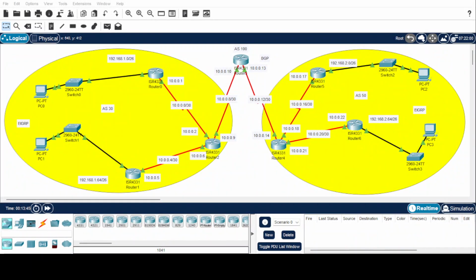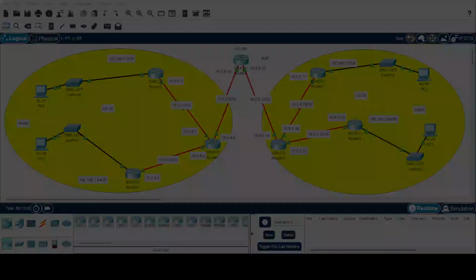Now we'll start configuring EIGRP. Let's go to router 0.